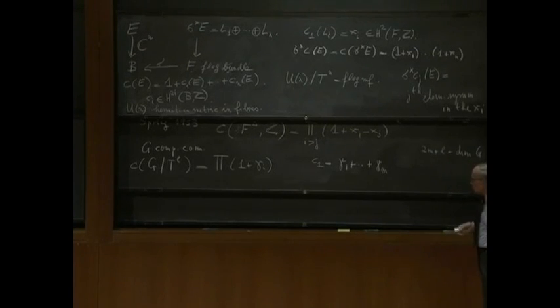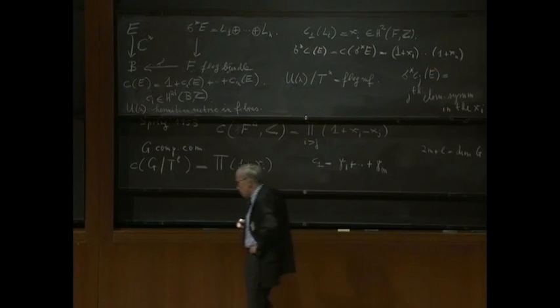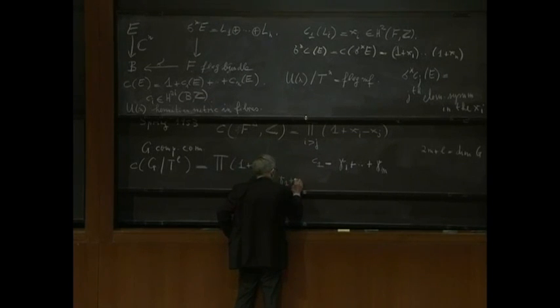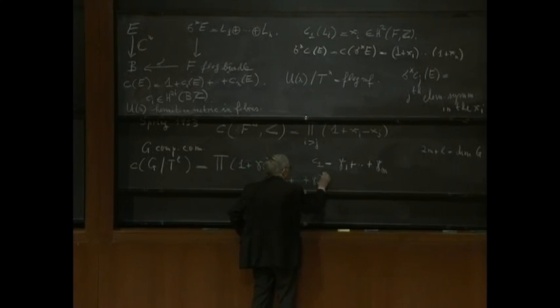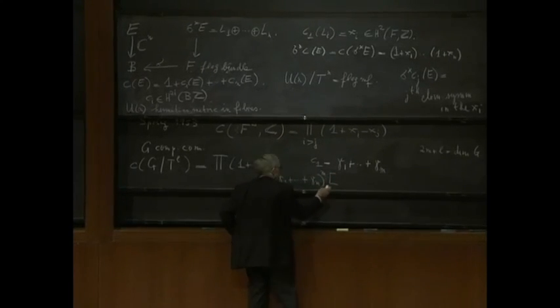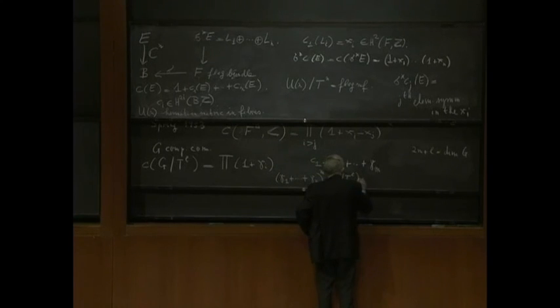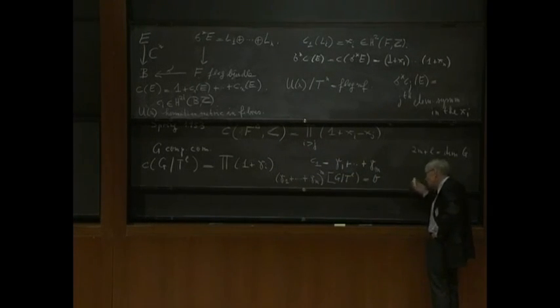And then the question is, when does this almost complex structure come from a complex structure? And what we observed, well, the specialists know this for other reasons, is that when I take this Chern class and raise it to the m-th power and evaluate it on the fundamental cycle G over T, then I either get 0 or I get not 0.